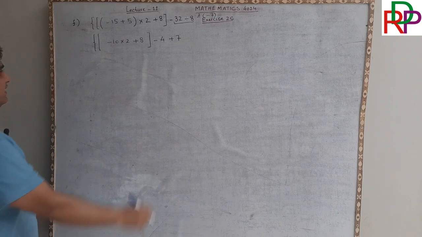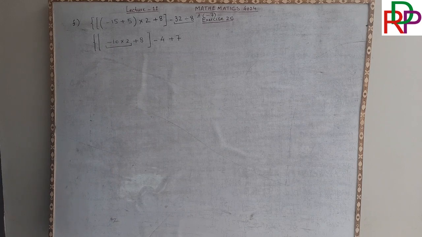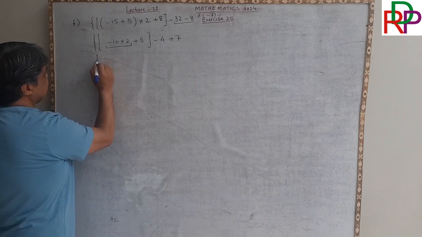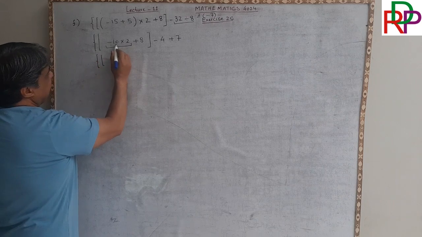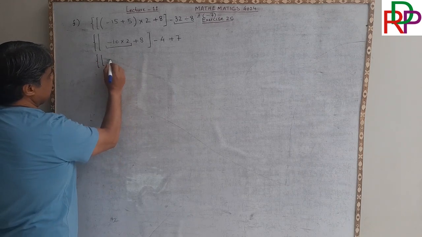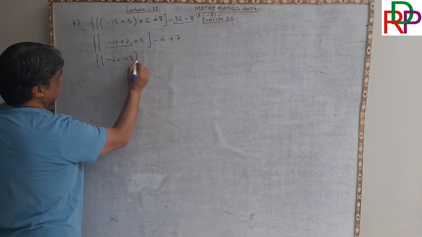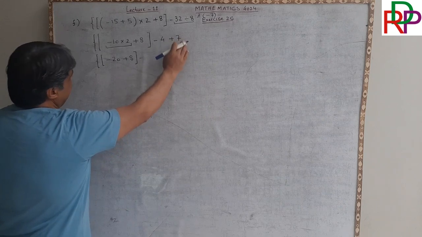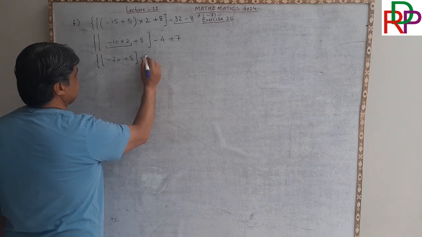Okay, here the priority is first of these cross multiplications. So I am writing this, and then writing minus 10 multiplied by 2, so minus 20 and plus 8, and then closing, and then minus 4 plus 7, so that will become plus 3.